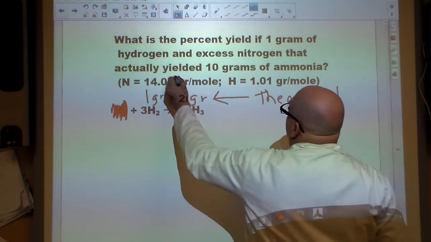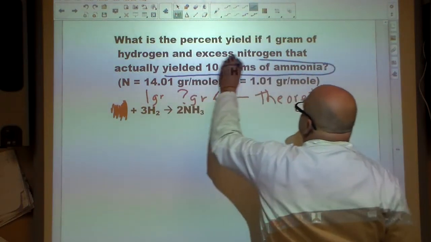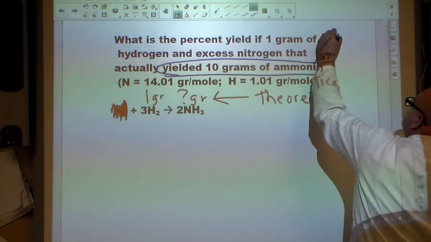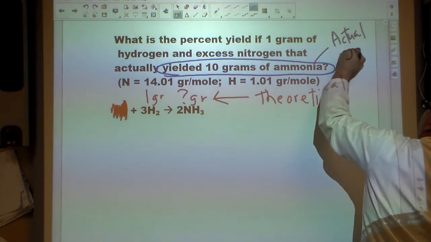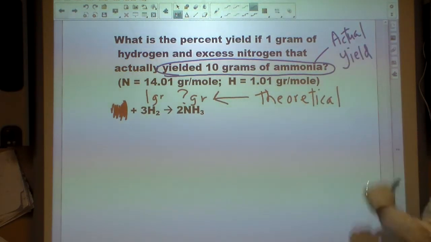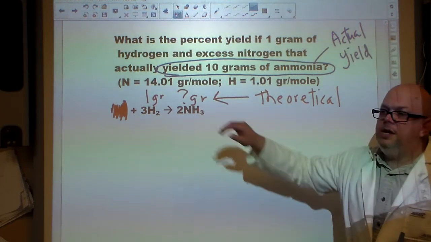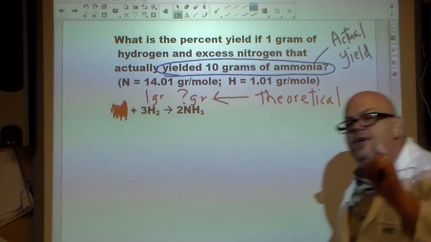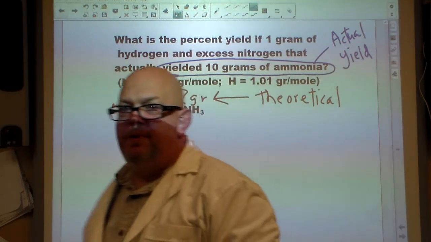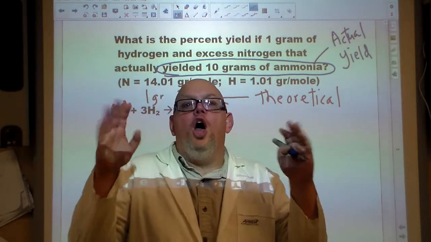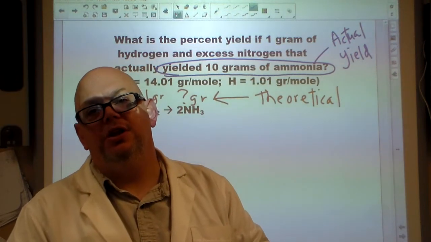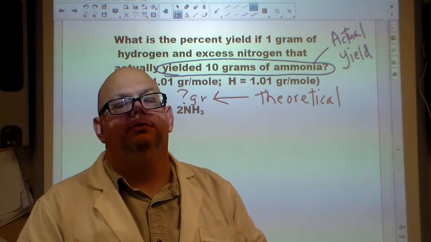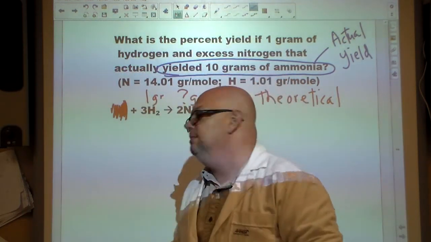Whereas, if we look over here, this right here, this is your actual yield. That's very important to make that distinction, because in our world we should not be having a 100% plus percentage yield. That would be, oh, something's not totally right.